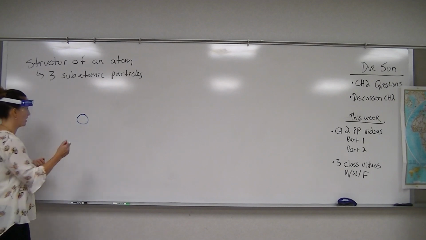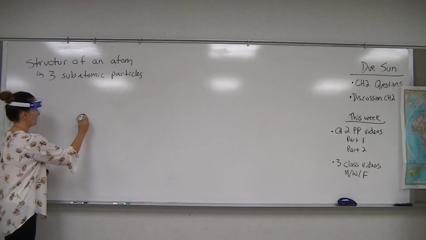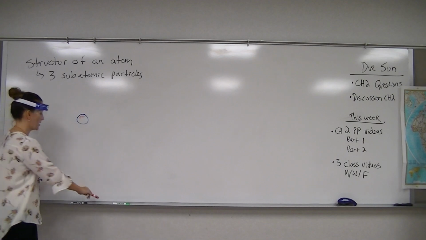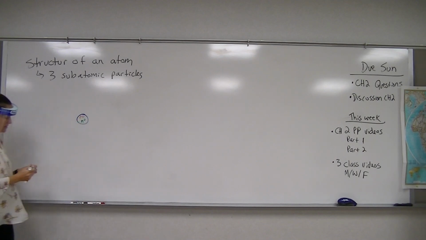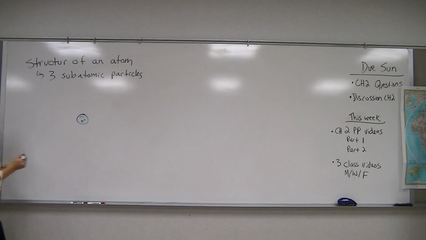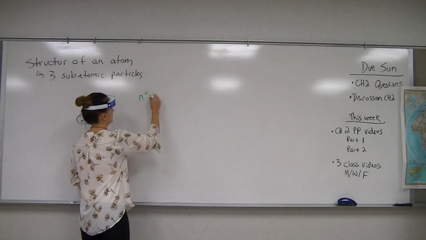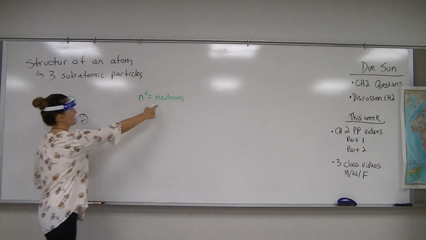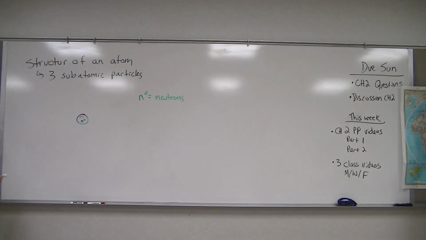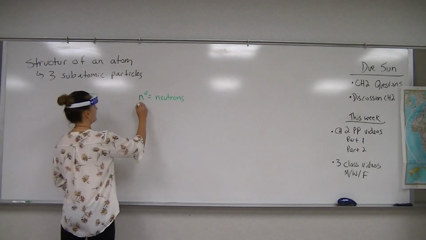Inside the nucleus, you're going to have P pluses, which are called protons. And you're going to have N sub 0, which are neutrons. These are just shorthand symbols. For neutrons, I want to have it better read because that red is not very good. Let's see if this works better.